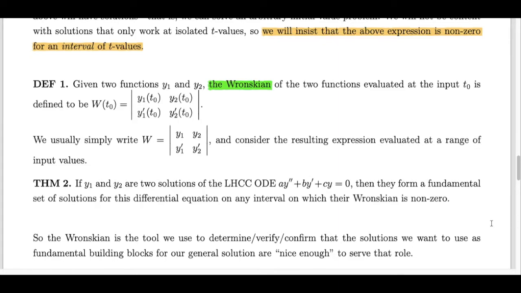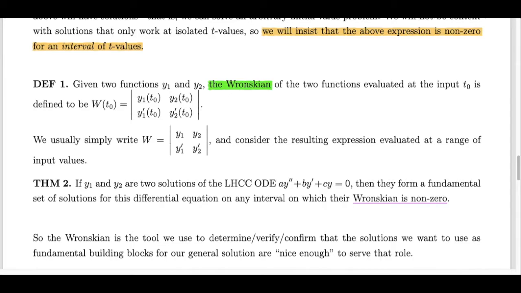So just to reiterate, our goal is to have a non-zero value for the Wronskian, and if we can identify an interval of t values on which that's true, then the two solutions that we had identified previously form a fundamental set of solutions.